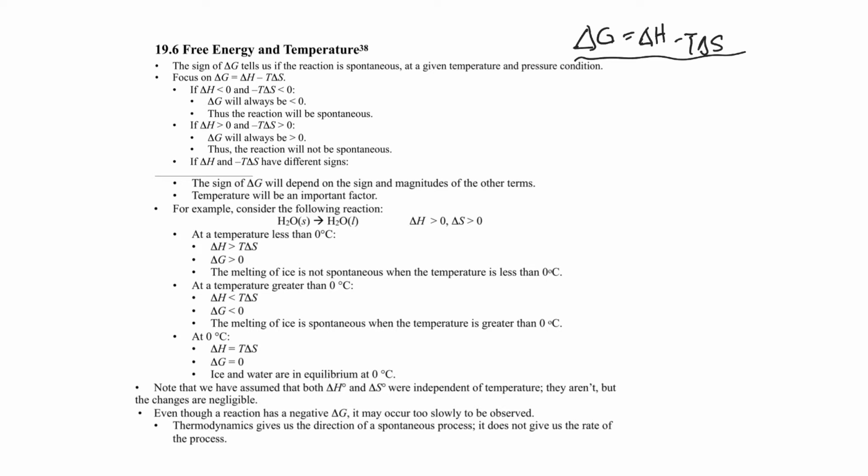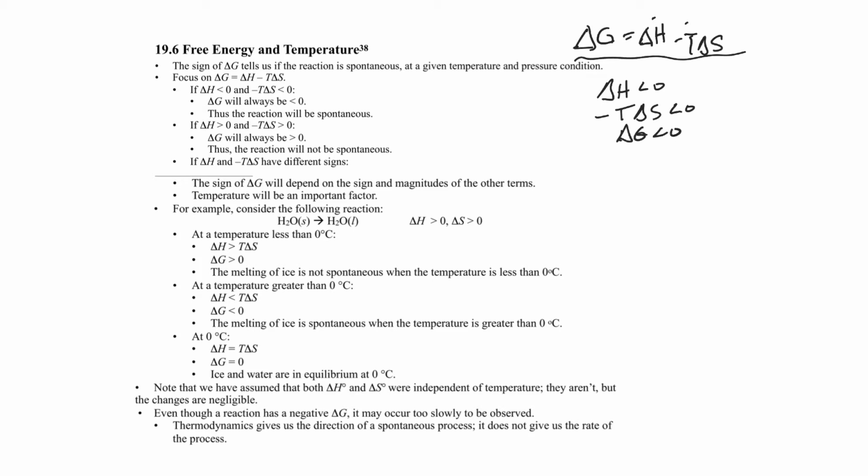So if you know, let's say, that enthalpy is below zero, and your negative T delta S is below zero, can you say that if this is below zero and this is below zero, then delta G has to be below zero?